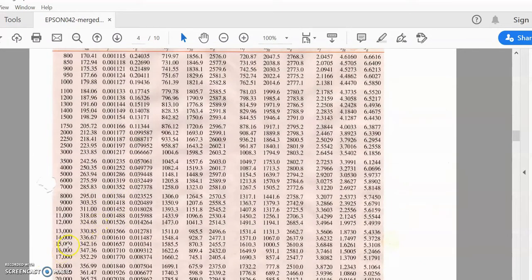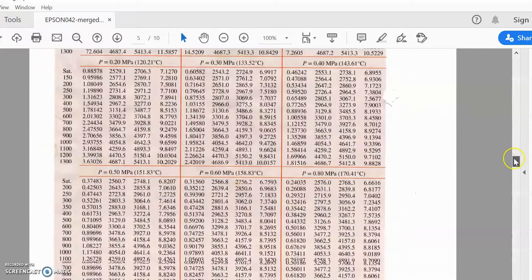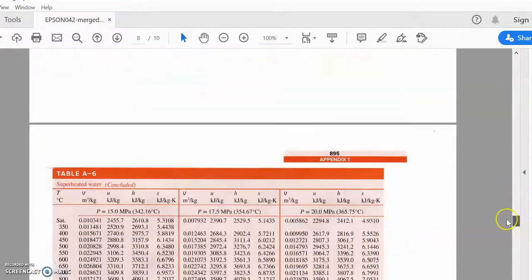Let's see, 15,000. We have a temperature of 342, and this is in degrees Celsius, and our value is 350. So our temperature is too high to be saturated, so it's superheated vapor.